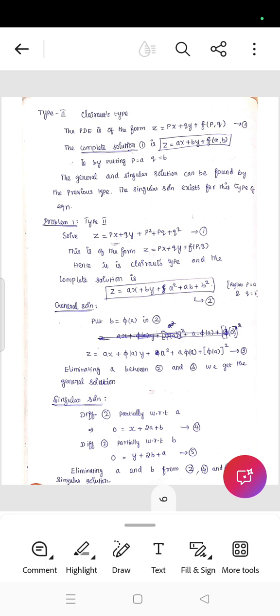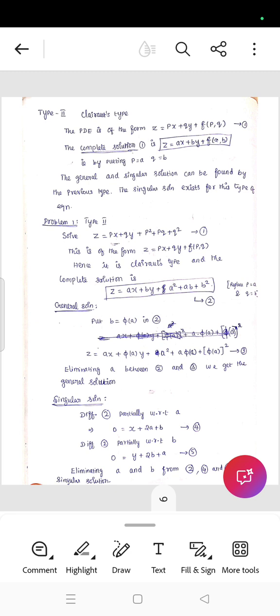This type of problem is called Clairaut's type, and we can easily find the complete solution by putting p = a and q = b.